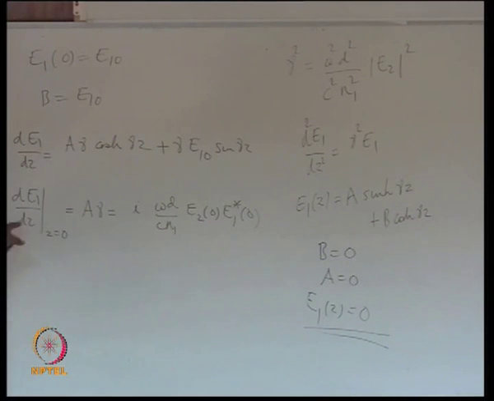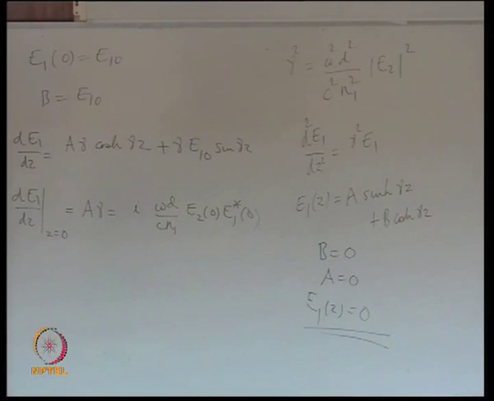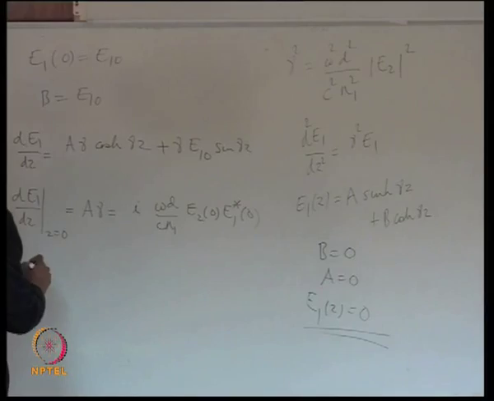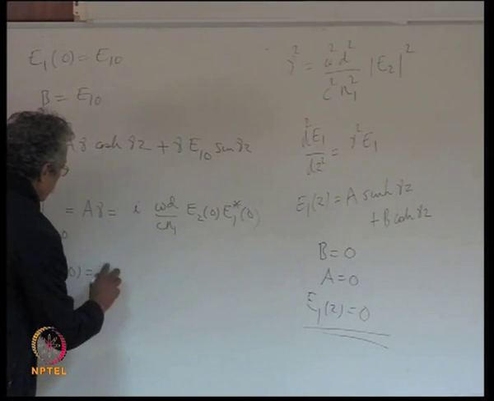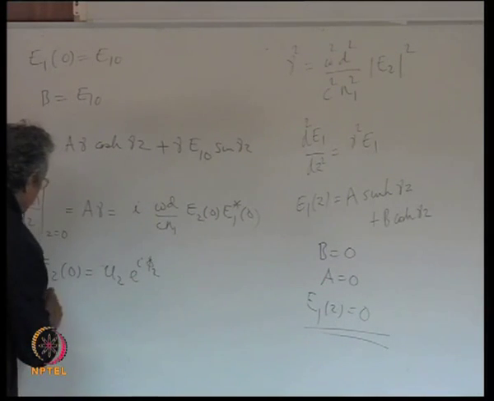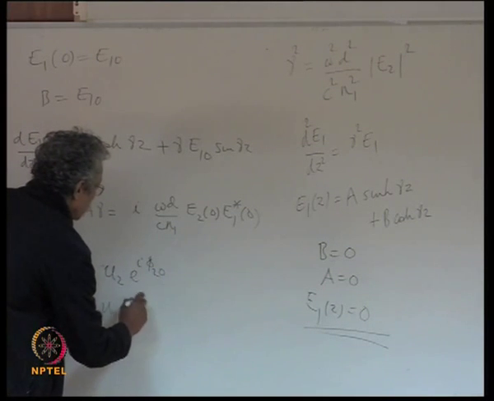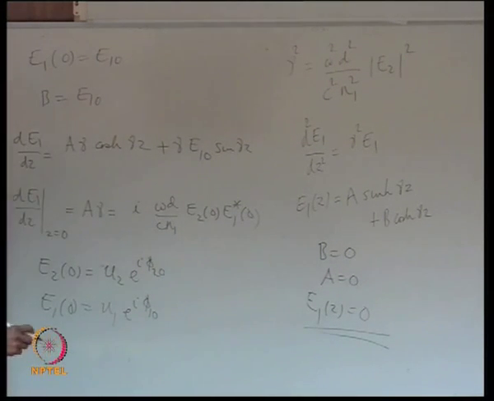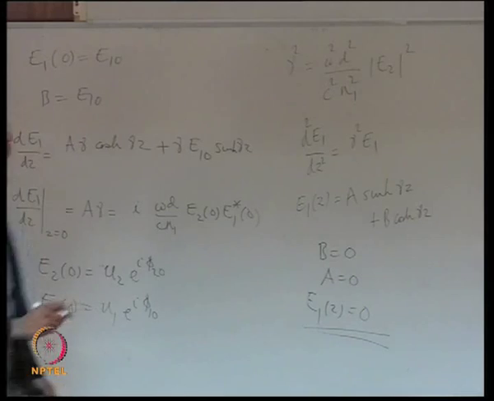I am substituting the expression for dE1 by dZ, that is i omega d by c n1, E2 E1 star. So let me assume that E2 of 0 is U2 e to the power i phi 2 and E1 of 0 is U1 0 e to the power i phi 1 0. Is this sine or sine hyperbolic? Sine hyperbolic, sorry. Yeah, sine hyperbolic.